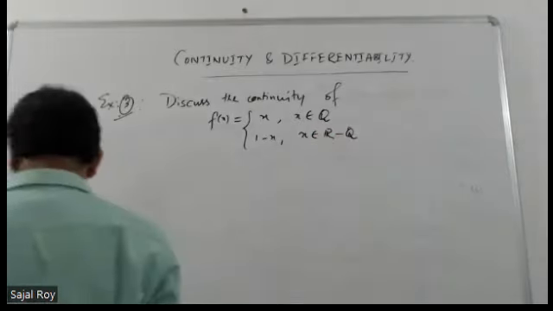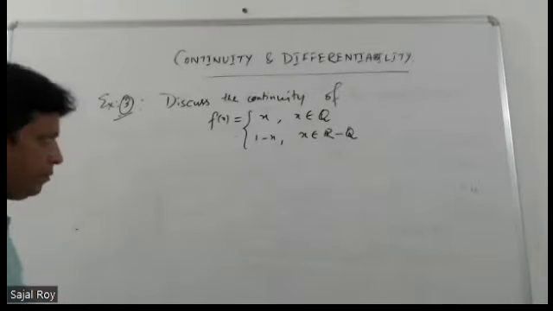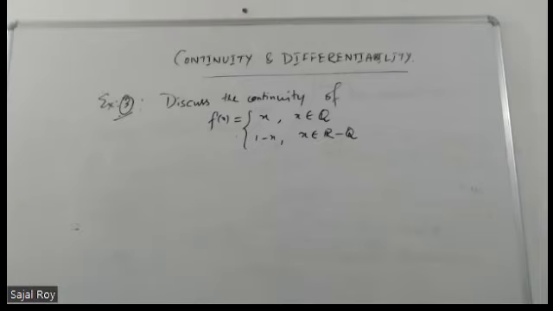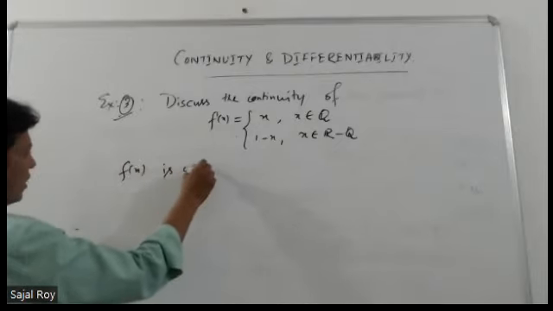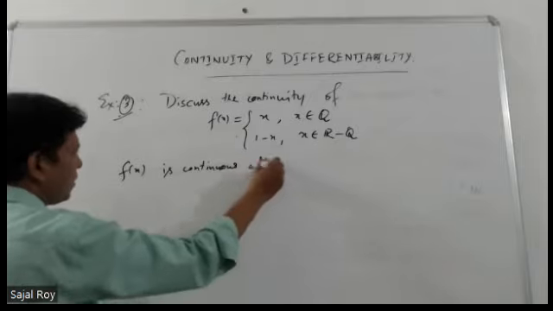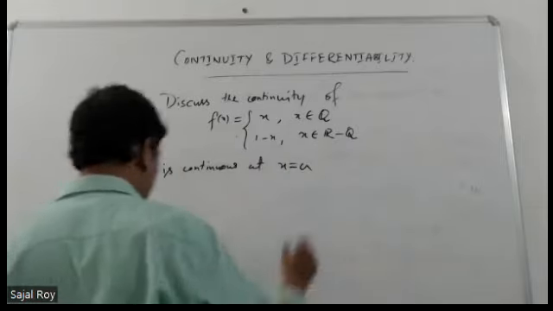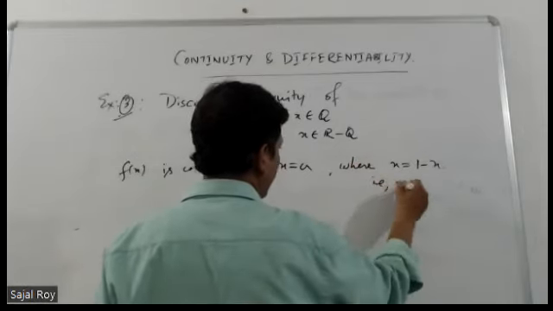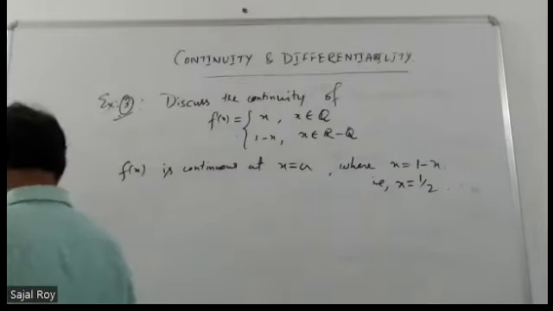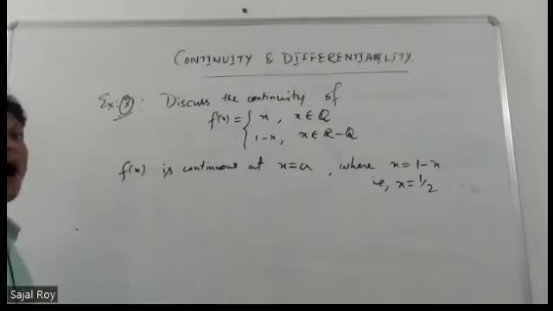The function is continuous at x equal to a where x equals 1 minus x, that is x equal to half. It is continuous at x equal to half.